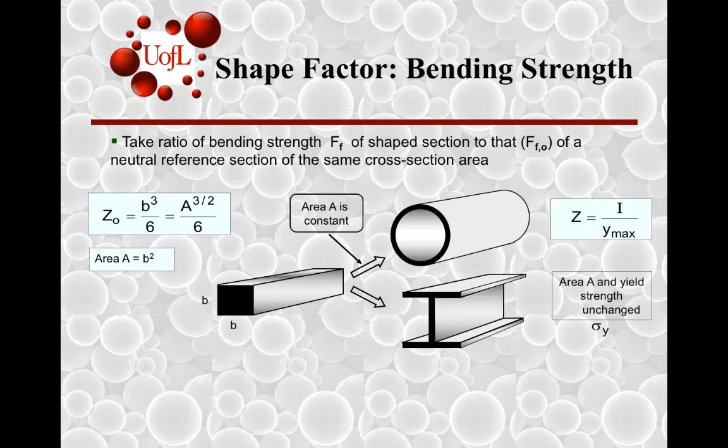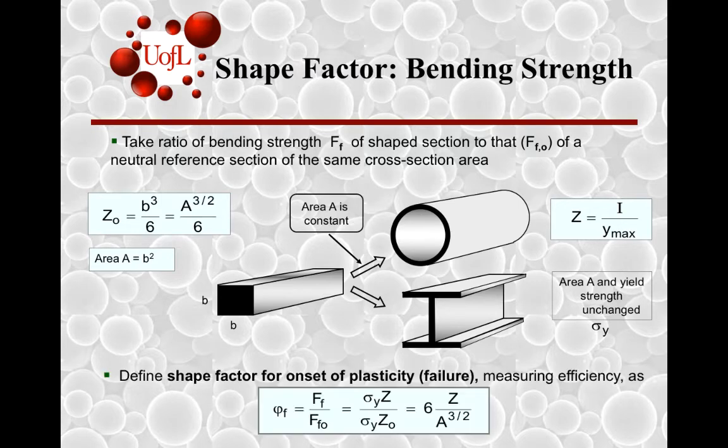So we looked at getting the Z moment, which had sigma y in the denominator and F in the numerator. So the failure strength would be sigma y, the yield strength, times the Z moment.